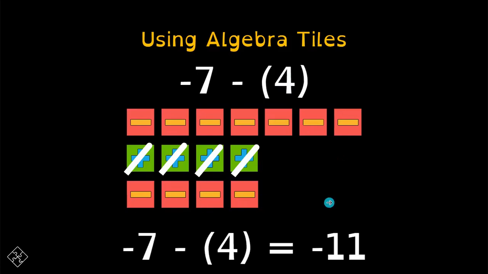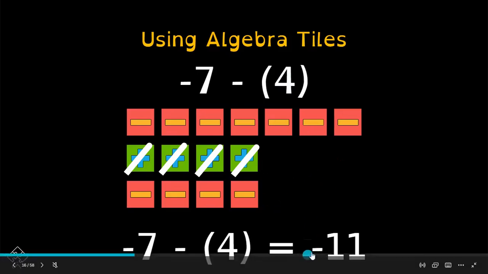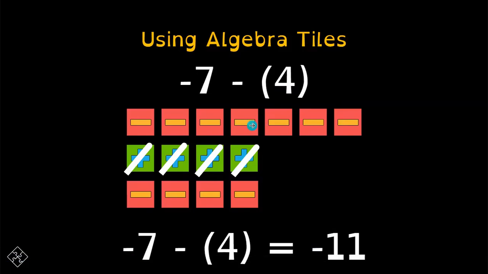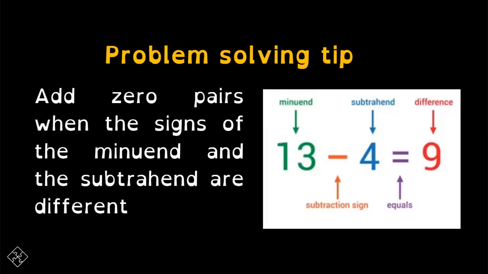So, 11 tiles remaining here. So, hindi yan 11 tiles lang, yan po ay negative 11 dahil yan po ay negative tiles. So, the answer of negative 7 minus 4 is equal to negative 11. And that's gonna be the process of subtracting integers using an algebra tiles.